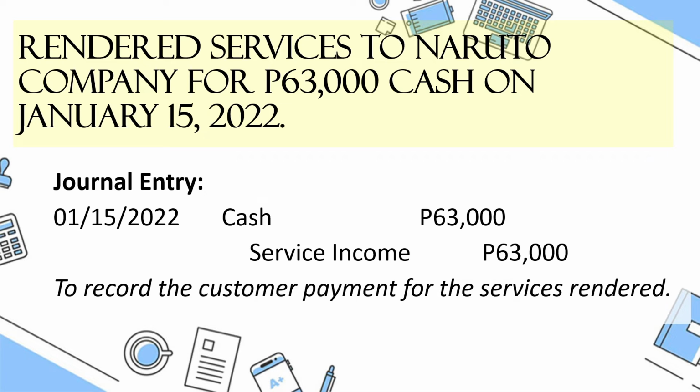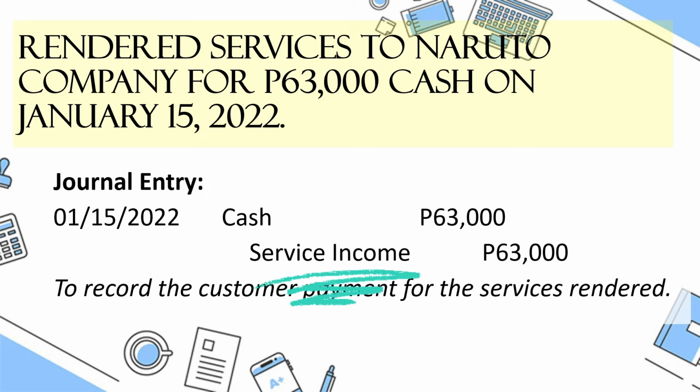In this one, we received cash. Cash is part of our assets, which means it has a normal debit balance. So if you debit it, that means it will increase. On the other hand, the income account is part of our CLIP acronym, in which the normal balance is credit.